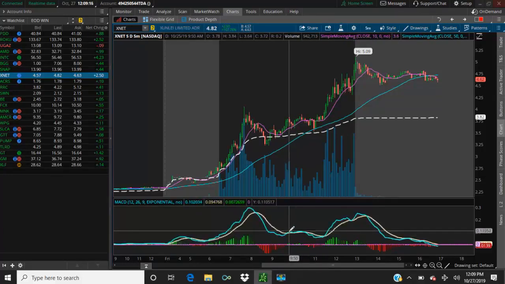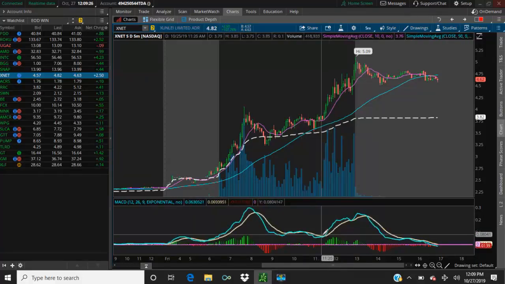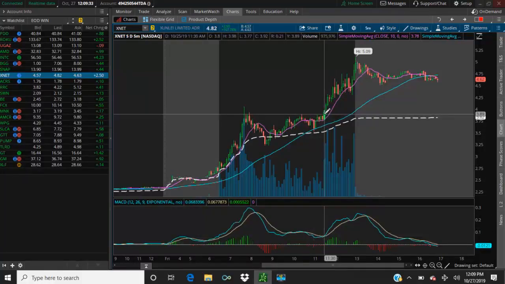Now we have another possible buy signal. You could have bought anywhere in here, but this was kind of flat. It's kind of going sideways. Didn't like it so much. But here's another buy signal. Right there is the buy signal. Look at the green candle right there. That's where the buy signal is. That's where the MACD crosses over.